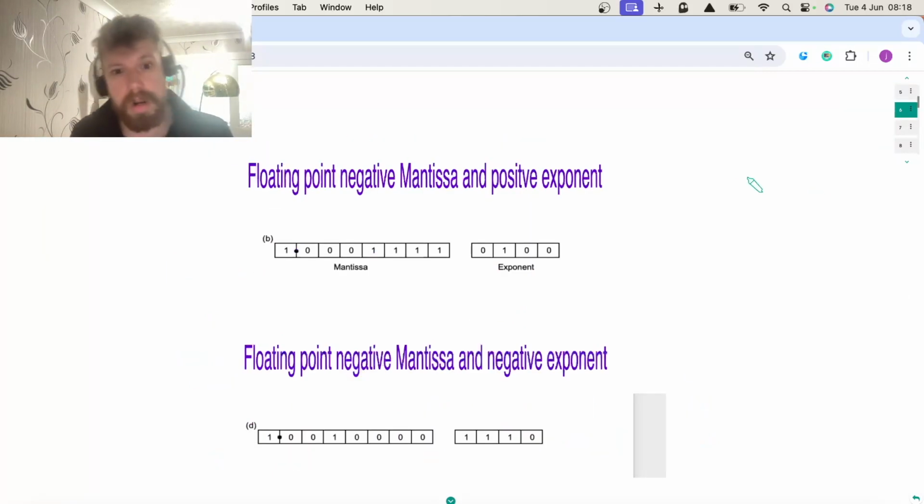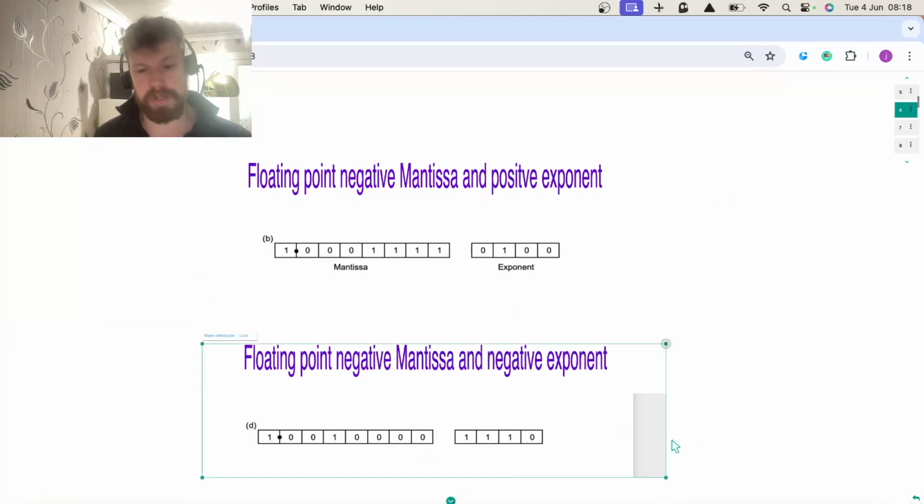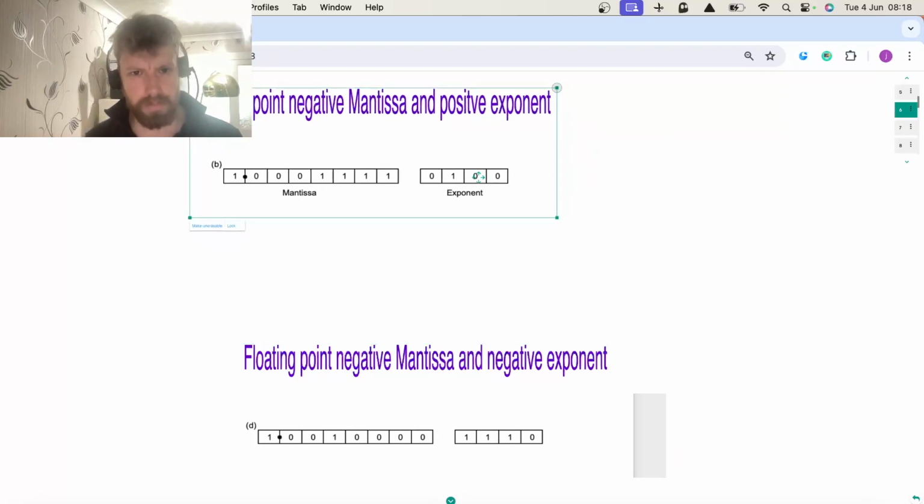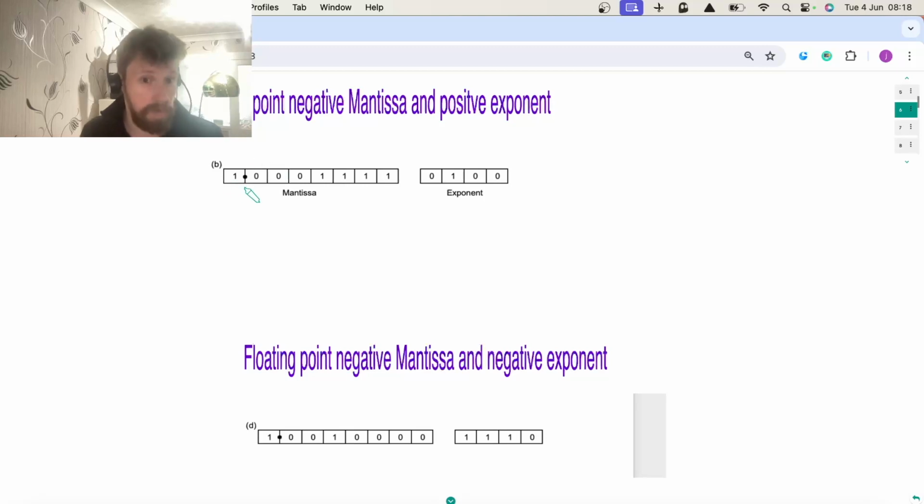That's fine. So in those ones there, what we're going to do now is go for the negative mantissa, positive exponent. So I'll move this one up a little bit. We can see that we've got a negative mantissa, which is where this one here is.